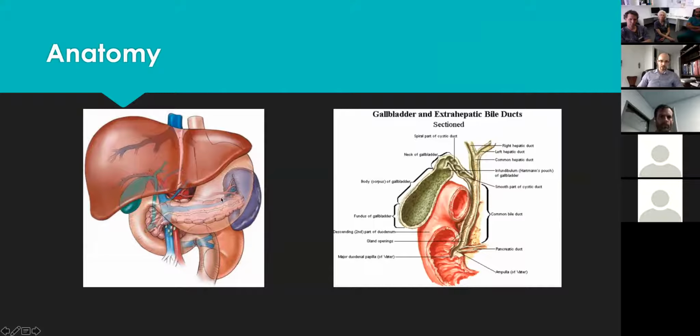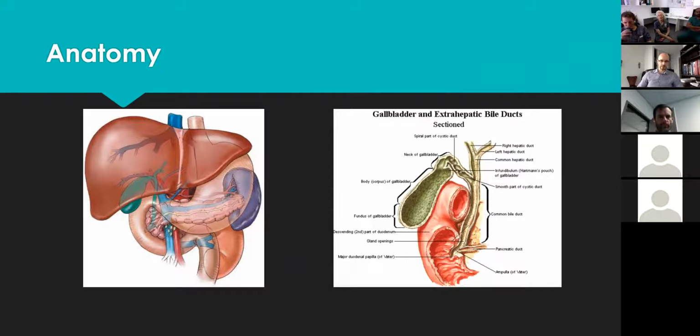And we've got the splenic vein running behind the pancreas, joining the superior mesenteric vein, making the portal vein. And we've got the gallbladder with its cystic duct joining the common hepatic duct, making the CBD, common bile duct.